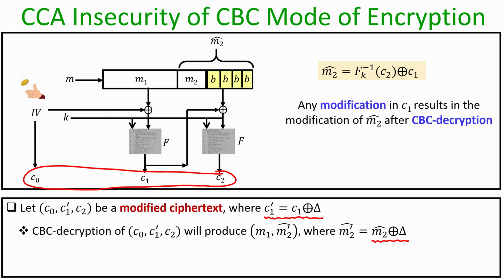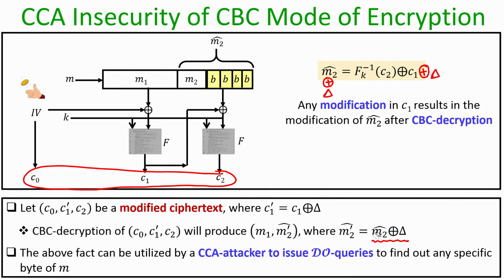Because now, instead of C sub 1, the receiver is going to perform a decryption using C sub 1 XORed with delta, because my first ciphertext block is now modified to C sub 1 prime, where C sub 1 prime is delta XORed with the actual C sub 1. So, that means the recovered M2 hat will be the actual M sub 2 hat XORed with delta.